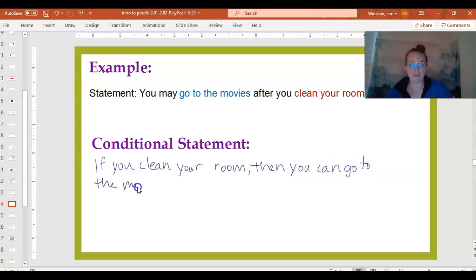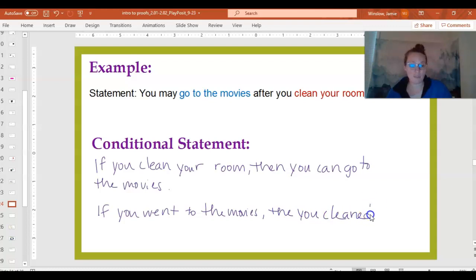That's one example. We could say, if you went to the movies, then you cleaned your room. So see, there's a few different ways we can write it. The most important piece is we have an if, we have a then, and it's based on the statement given to us.